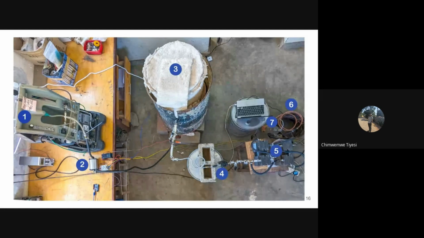Vapor from the crucible is sucked out at a pressure, as I said, of minus 21 inches of mercury using a vacuum pump. The vacuum pump you can see in 5. We have a water trap between the crucible and the vacuum pump, 4 you can see there. Just between 4 and 5, the vacuum pump, we have a pressure transducer, an electronic pressure sensor, and we also have an analog pressure sensor.